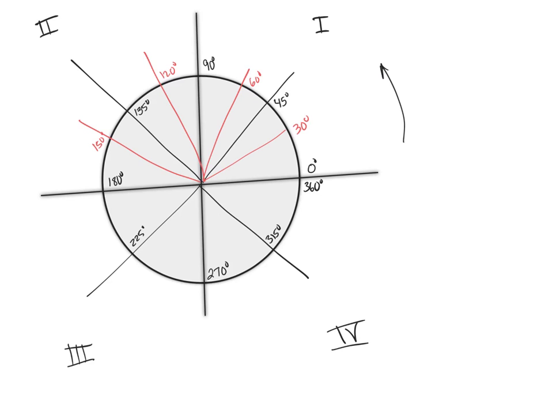Then back to 180, and at 210, 240, 270, 300, and 330 degrees. Now, each of those special angles that we want to have memorized also have a radian measure.